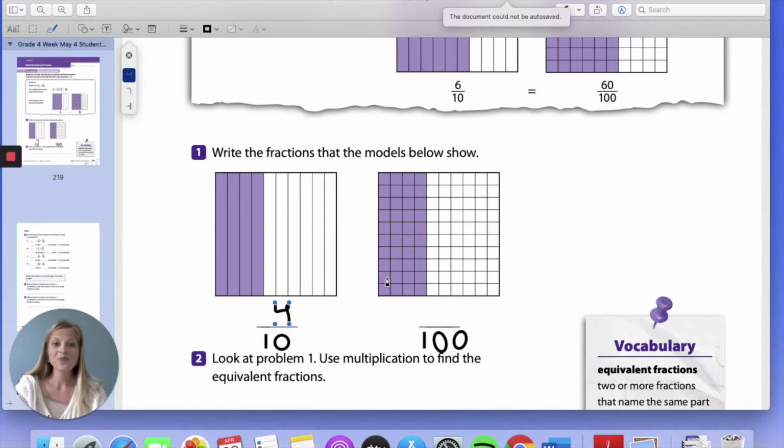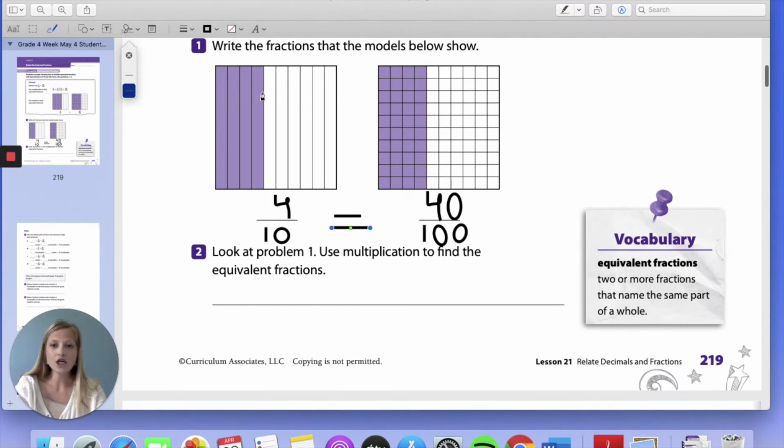So here we go. 10, 20, 30, 40 hundredths. So I see here that 4/10ths is equivalent to 40 hundredths. So we're going to use these two fraction models and use multiplication to find these equivalent fractions.